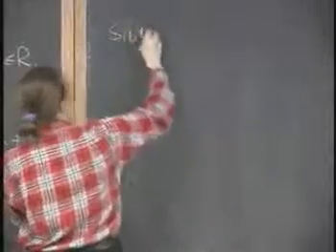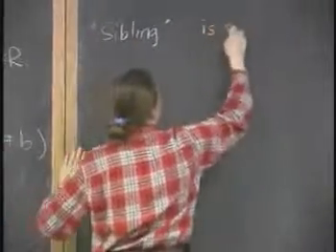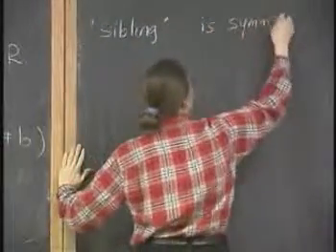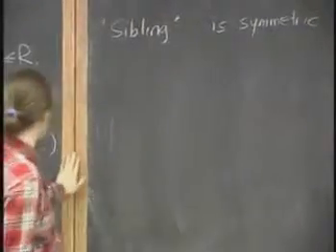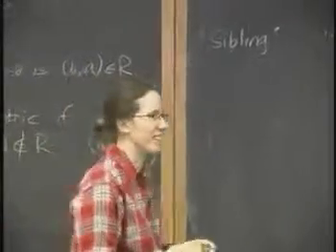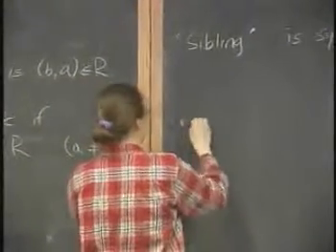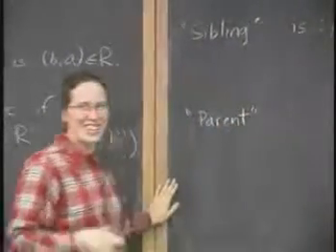Okay, so sibling is symmetric. And the parent relation is antisymmetric unless you're from West Virginia, and then we just don't want to know. Maybe you can delete that part.